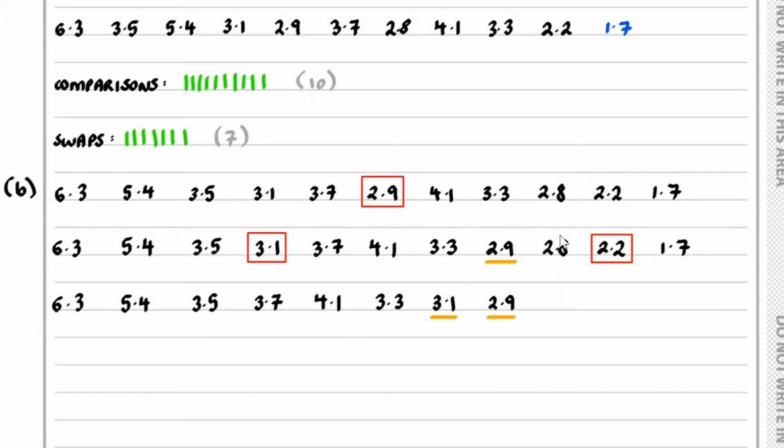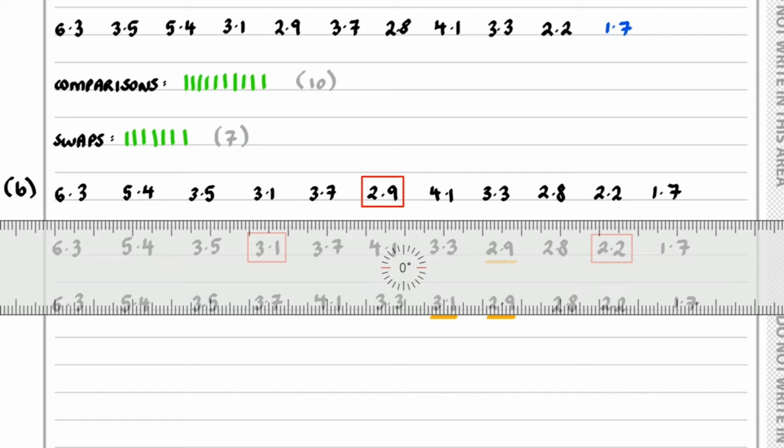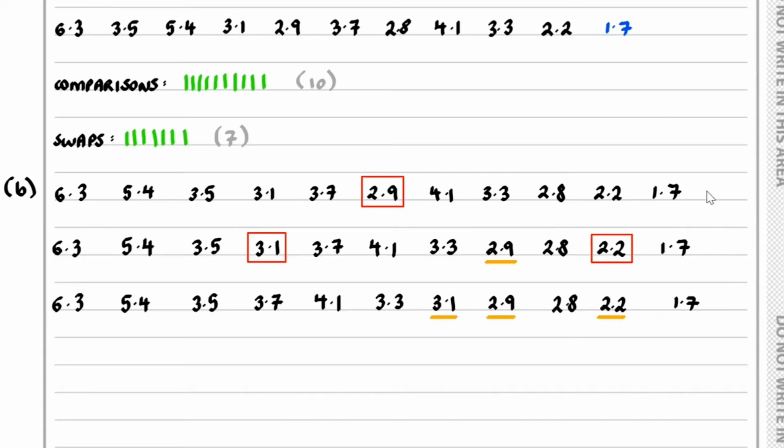Well, 2.8 is larger than the 2.2, so 2.2 would stay here and the 2.8 would go here. The 1.7 is smaller than the 2.2, so 2.2 goes here and the 1.7 goes here. We need to underline the 2.2, indicating we've used it as a pivot.